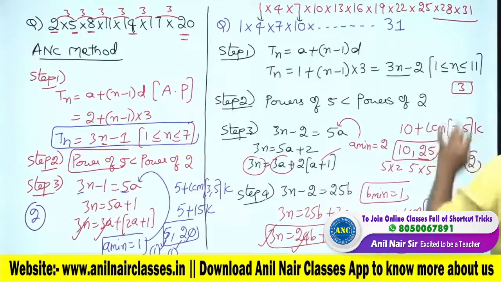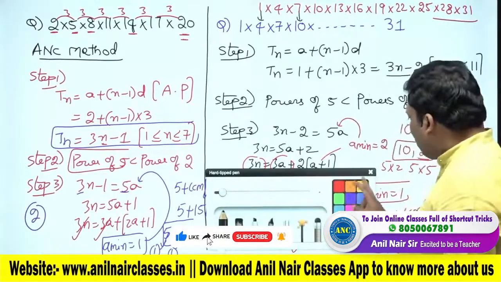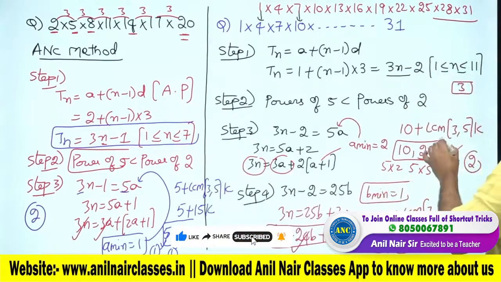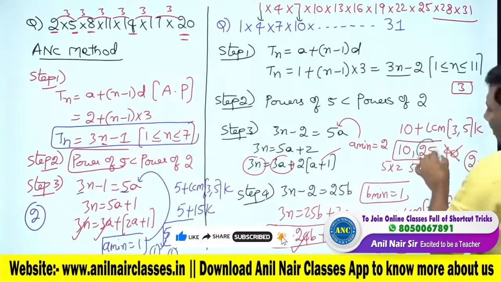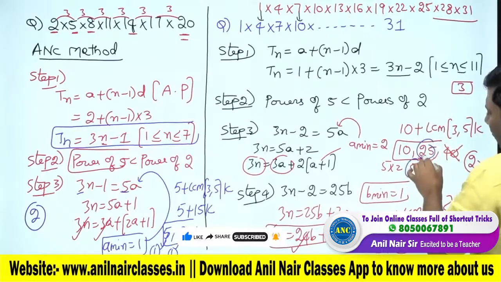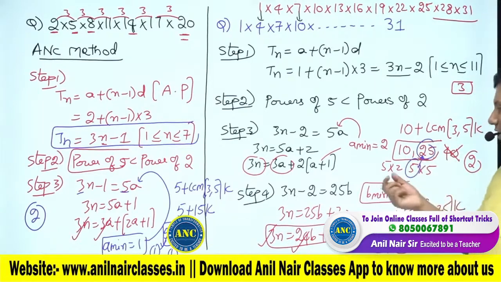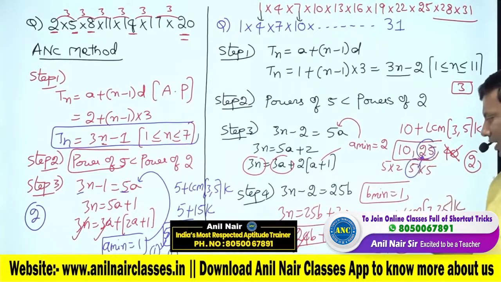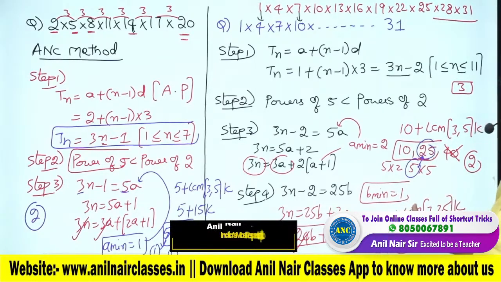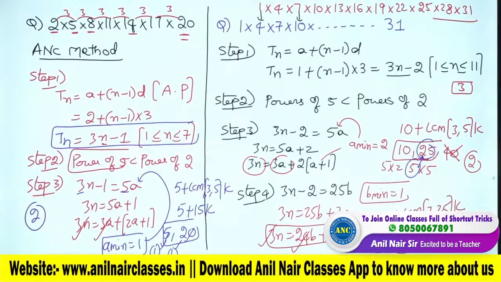Here, in 25, how many multiples of 5 are there? One I am taking here, and another one I am taking here. 25 is 5 square. Here 5 multiples I am taking, and another 25 multiples I am taking, so separately I am taking them.